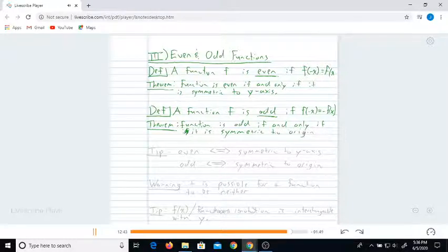So in summary here, a little tip, a function is even if and only if it's symmetric to the y-axis, and it's odd if and only if it's symmetric to the origin. And a quick warning here.